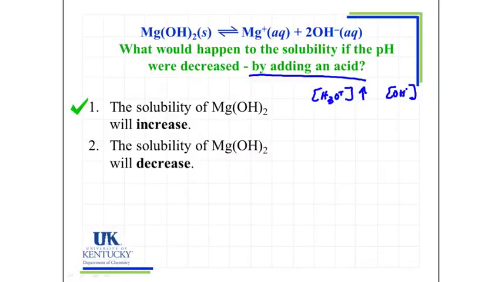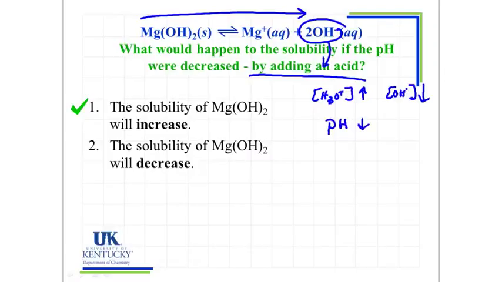Well, when the H3O plus goes up by adding an acid, always the OH minus goes down because that product has to equal Kw. If that's going down, then this is being removed. It's decreasing, and you're going to shift it to try to produce more. So in this case, as you decrease the OH minus concentration by adding an acid, or in other words, as the pH goes down, the solubility will increase.